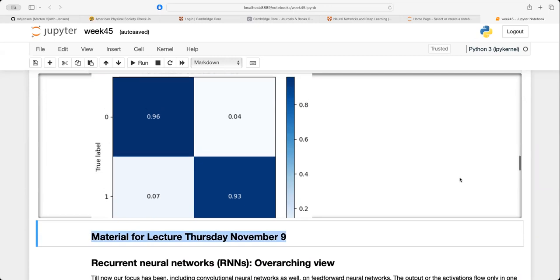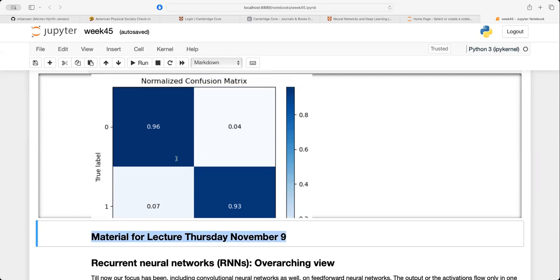So what you would have now would be the true positive here, and this is the false positive. The fit here was 94%, that's the accuracy on the whole data set. But you see now I have a better one on the positive one than on the negative one.